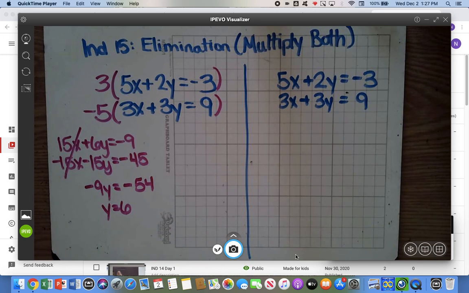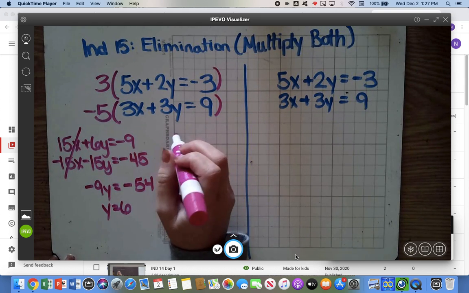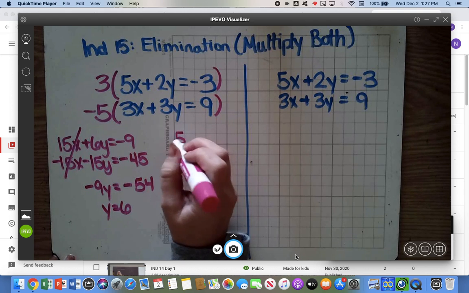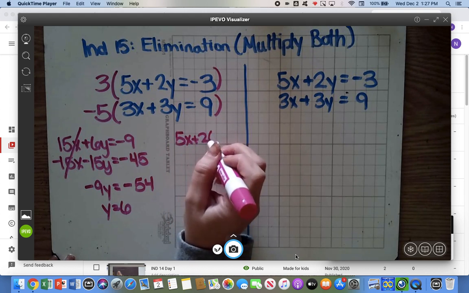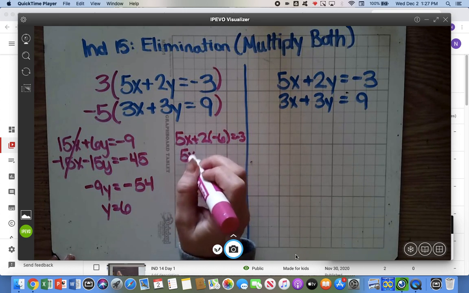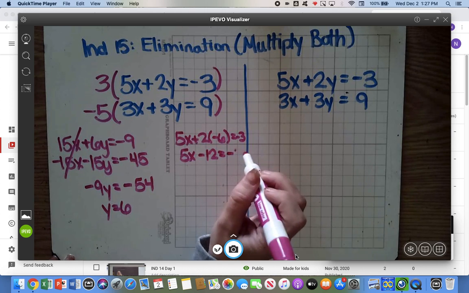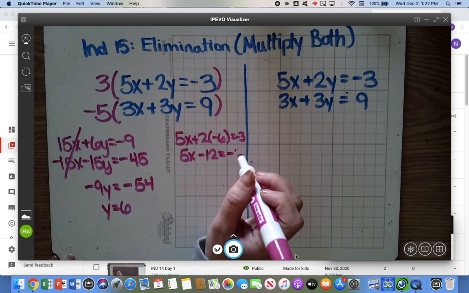So then you just pick an equation to plug it back into, and I'm going to go up to the top, 5x plus 2, but now I know my y is negative 6. So I get 5x minus 12 equals negative 3. That's not right.